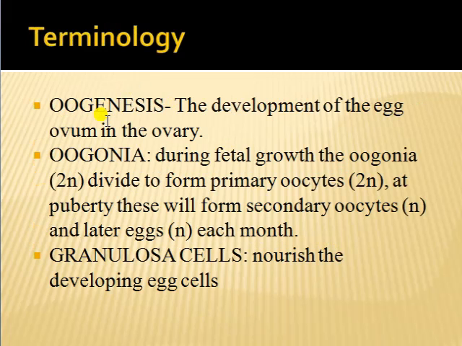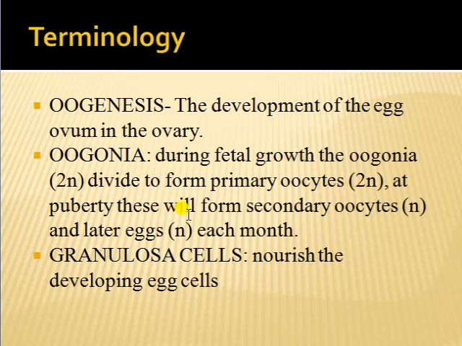What are some important terms here? Oogenesis is the development of the egg, the ovum in the ovary. Oogonia: during fetal growth, the oogonia divide to form primary oocytes through mitosis.